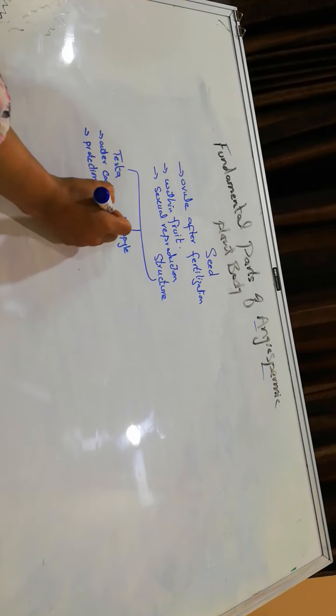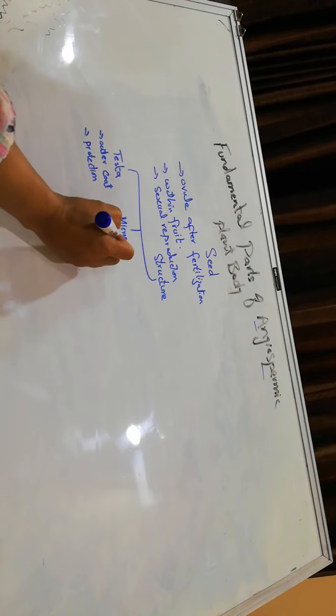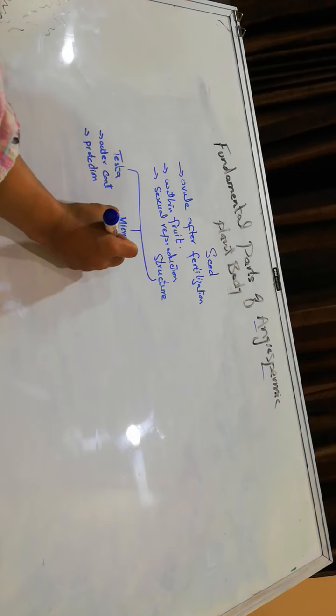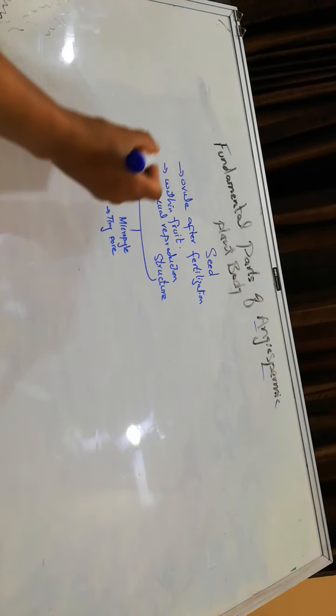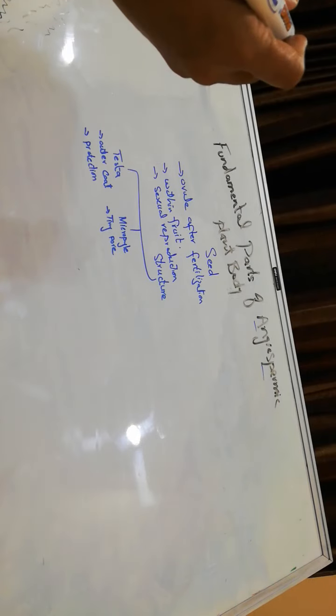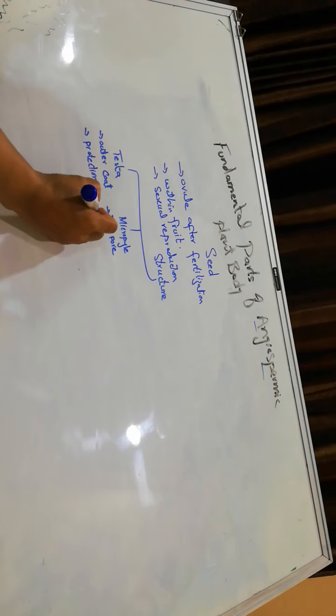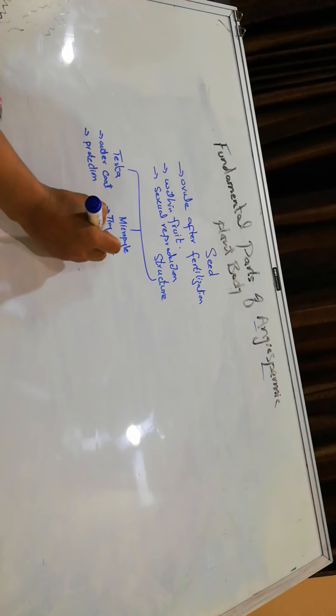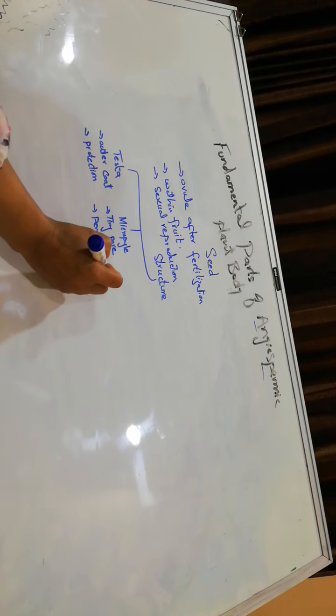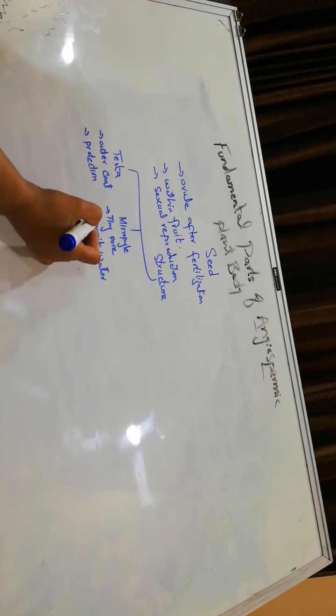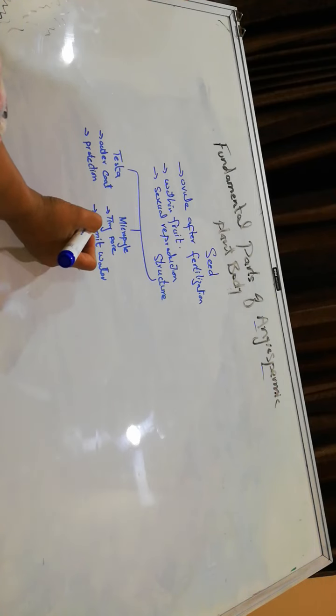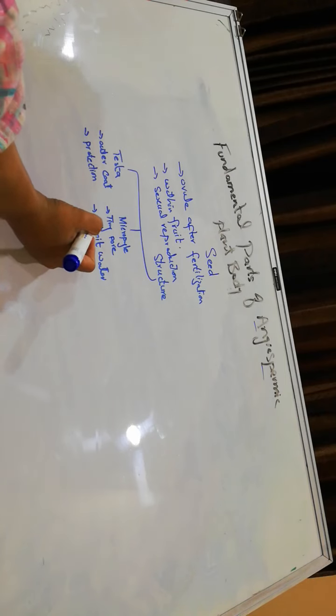That is basically the tiny pore which is present on the opposite tip of the radicle, and it permits water and gases to enter into the embryo before active germination.